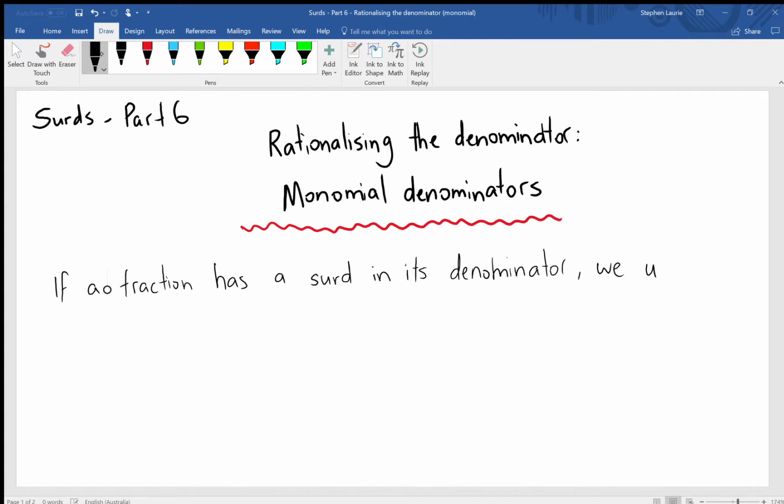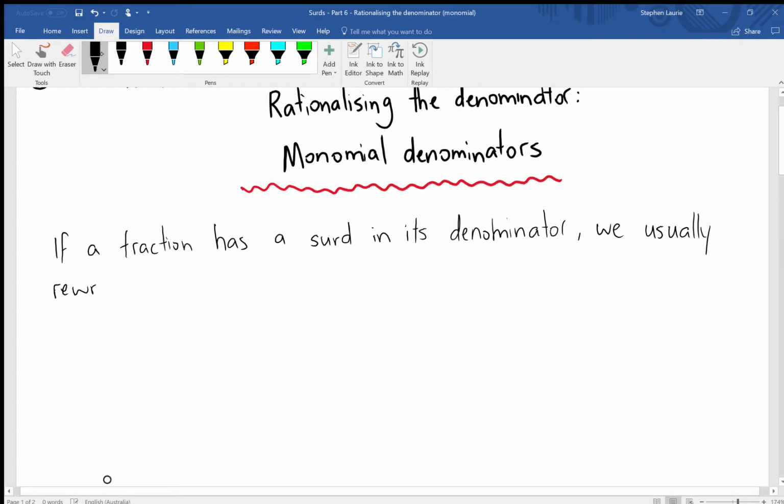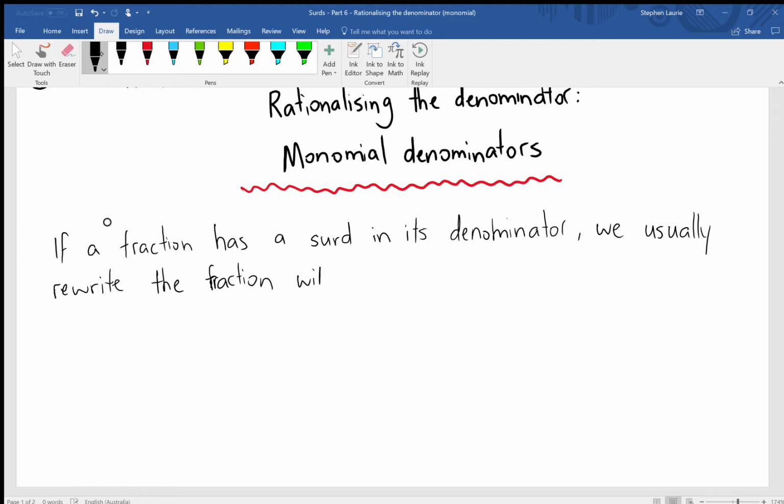Okay, so we've got a fraction, it's got a surd in the denominator, but we usually rewrite the fraction so that the denominator no longer has a surd and is instead rational. So that's what we mean by rationalising the denominator. Okay, so that's the idea really.